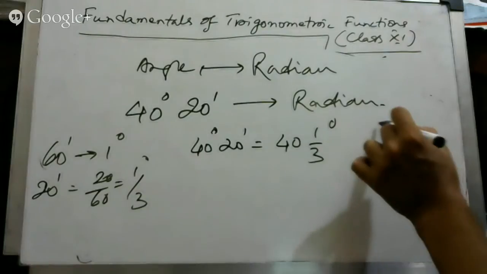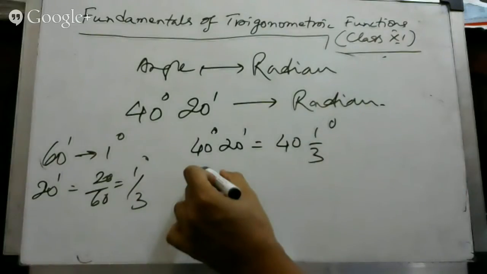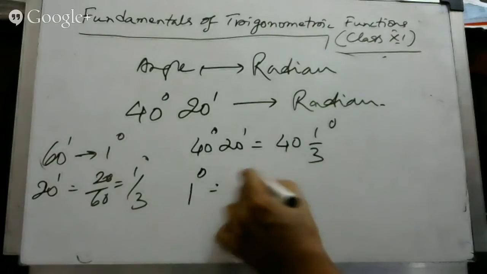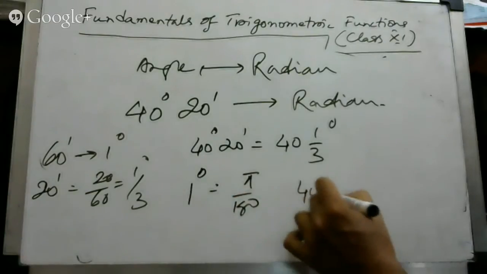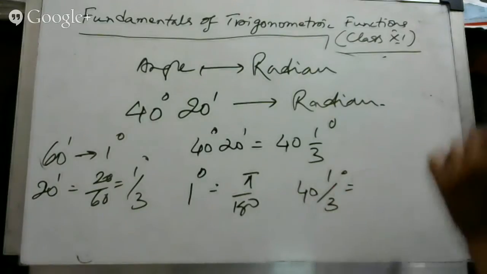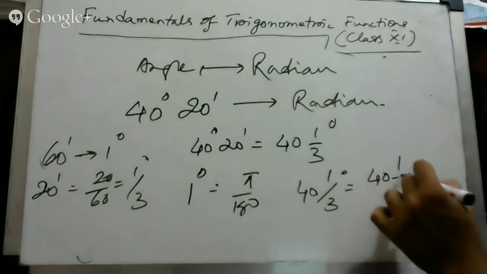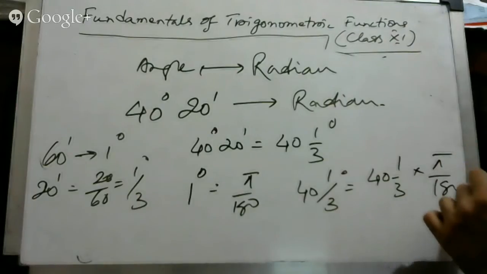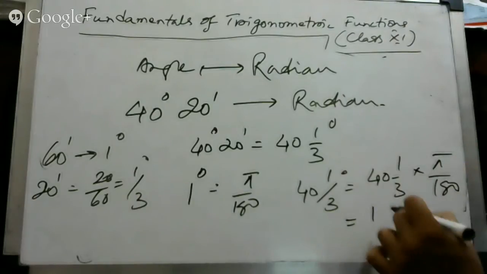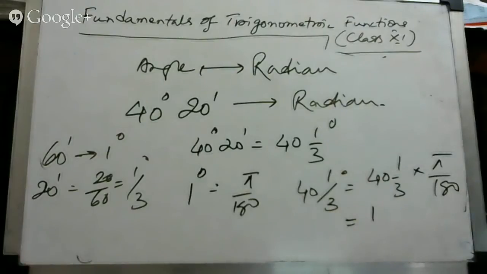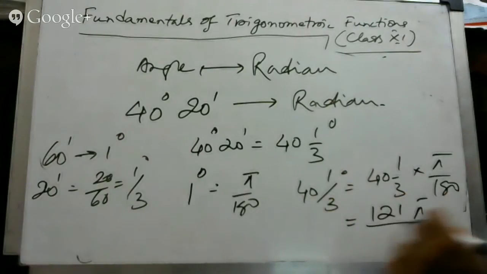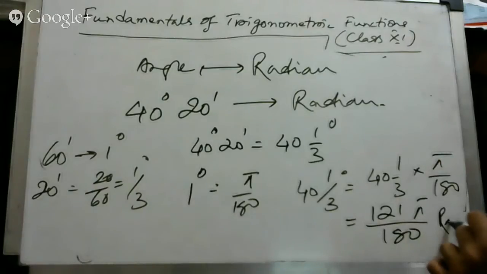Now we have seen that 1 degree is equal to pi by 180. So 40 and 1/3 degrees is equal to 40 and 1/3 into pi by 180, which is nothing but 121 pi by 540 radians. In a similar fashion, we can convert radians to degrees. Okay, so let's move on further.